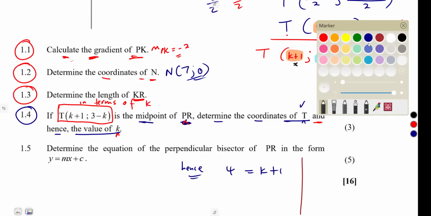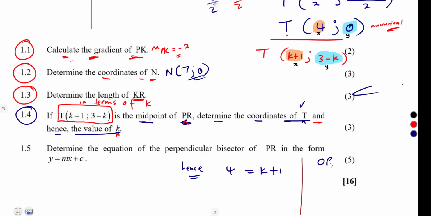So we can also form an equation from there: the numerical value, 0, is equal to this expression in terms of k, 3 minus k. From these two, you're going to find the value of k, and that's a single value. You're going to obtain the same value from these two equations, all right?